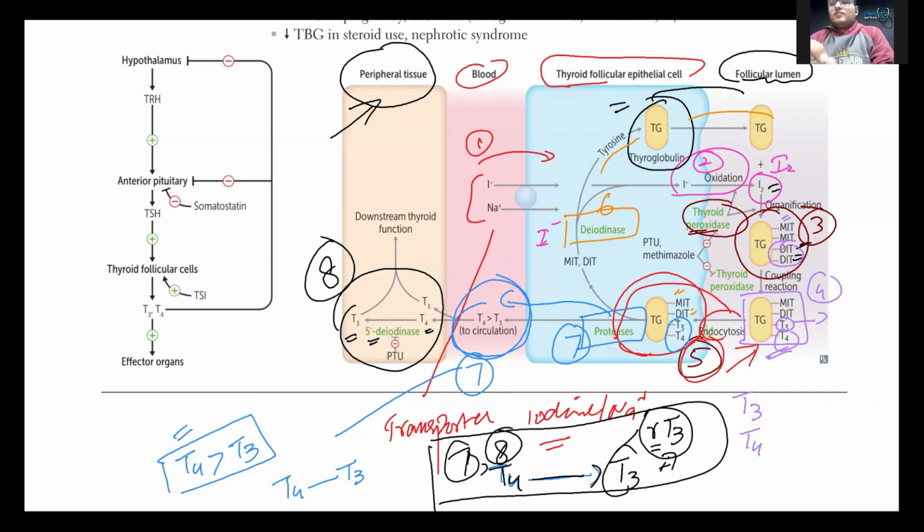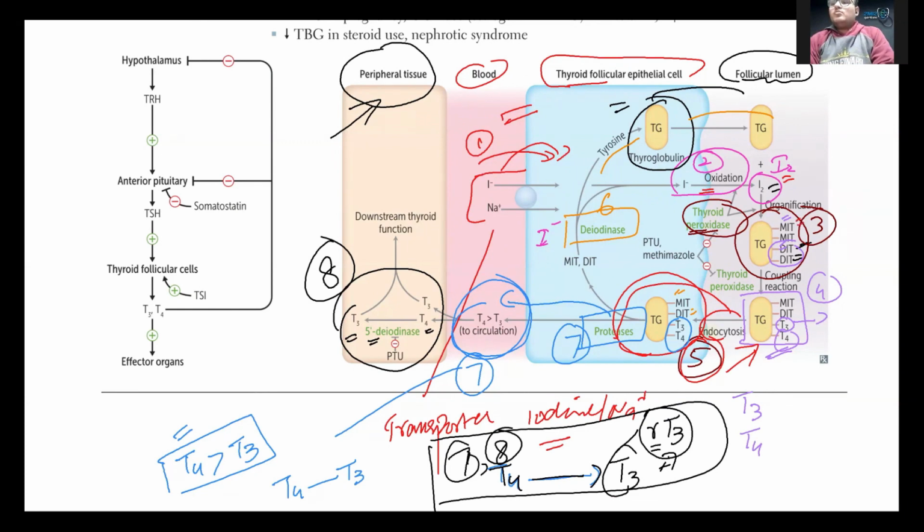So I will revise here, starting from the first step: iodine going inside the epithelial cell. The second step is oxidation of this iodine, iodide being made into iodine, I2. The third concept is that the thyroid peroxidase enzyme attaches monoiodo and diiodo groups to the thyroglobulin molecule.